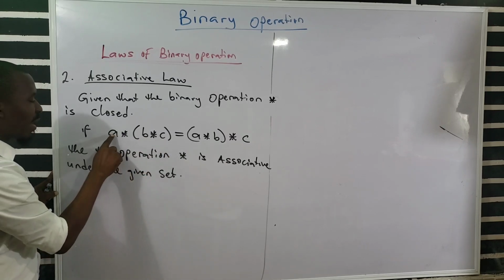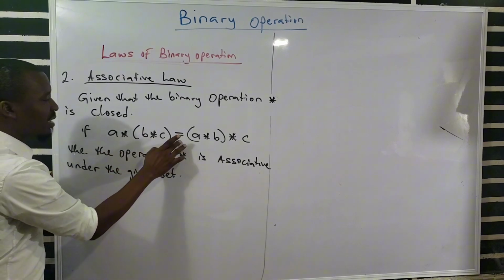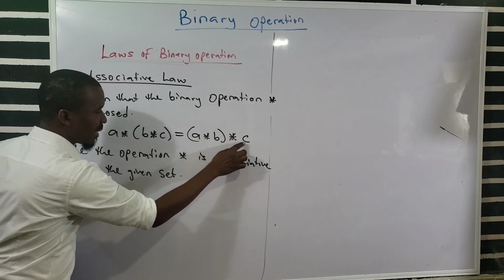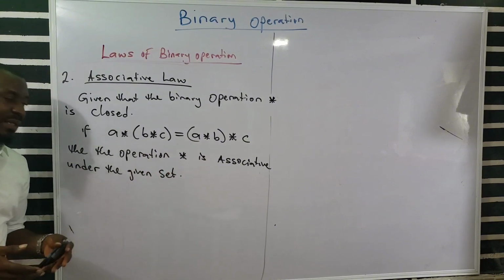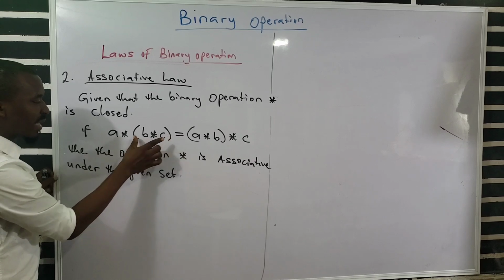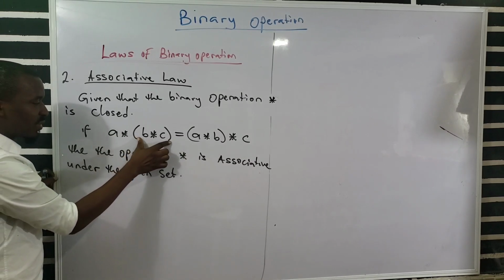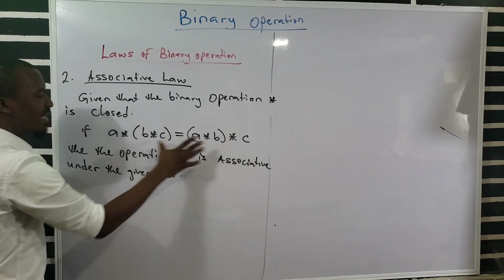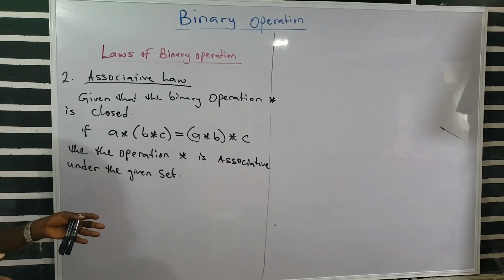If I have A binary, open bracket, B binary C, and it gives me open bracket, A binary B, close bracket, binary C, then the operation is said to be associative under the given set. Now, what does that mean? If I shift the bracket to combine the first two instead of the last two, and they are still the same, then we say that it's associative.